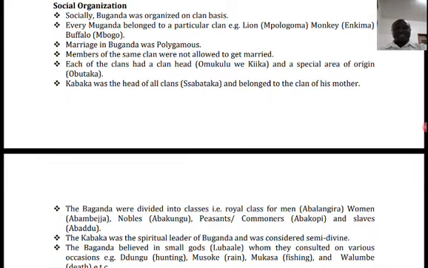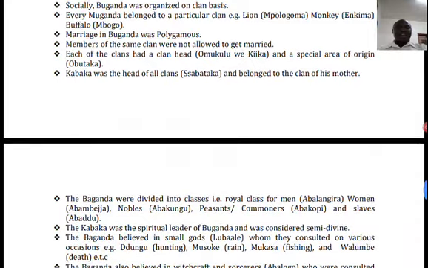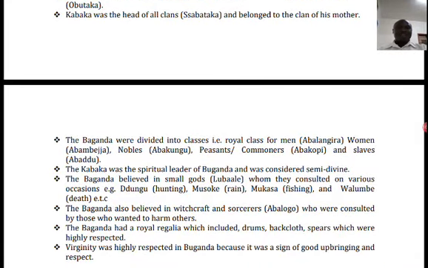We had the royal class of men, the Balangira and the Bambejja. We had the class of the nobles, the Bakungu, and also the commoners, known as the peasants, the Bakopi. Don't forget the slaves, the Abaddu, who were there to work for the Balangira and the Bambejja.